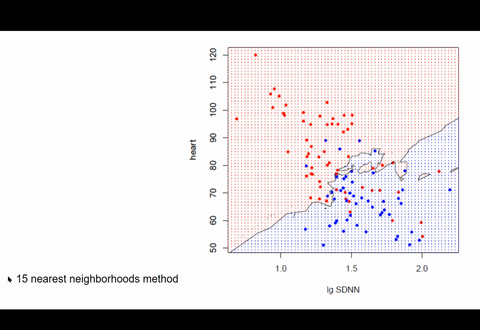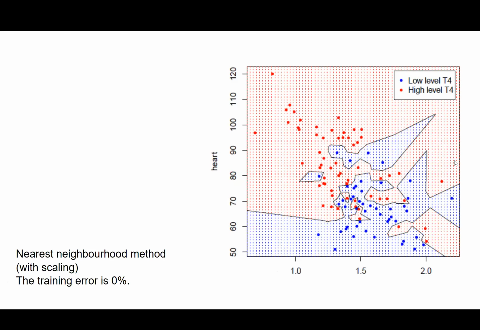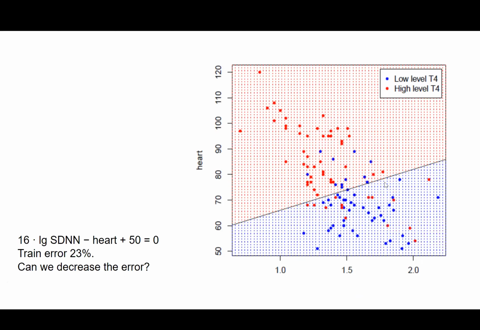Note that when k is large, we will obtain the border for these two regions similar to a line, like here.